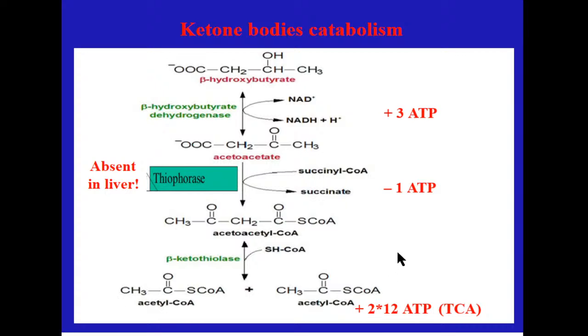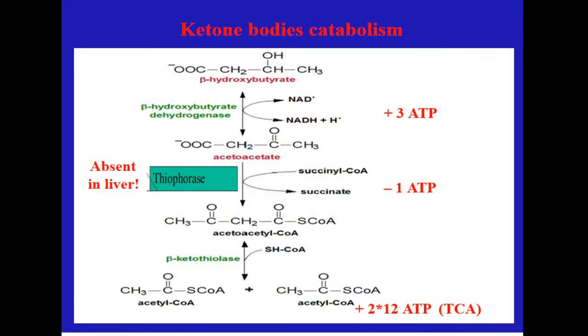We can calculate this easily because we strongly remember that each acetyl-CoA is 12 ATP in the citric acid cycle. So 24 plus 3, 27 minus 1, 26 molecules of ATP are possible to obtain from 1 beta-hydroxybutyrate, 3 less from 1 acetoacetate. But as I told you, usually the more concentrated ketone body is beta-hydroxybutyrate.